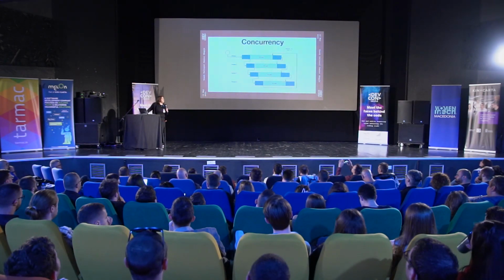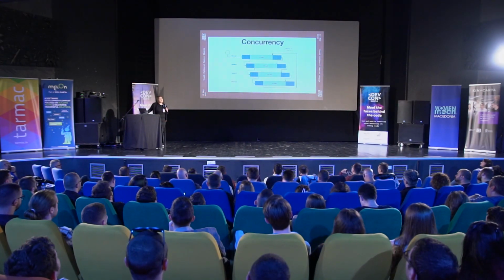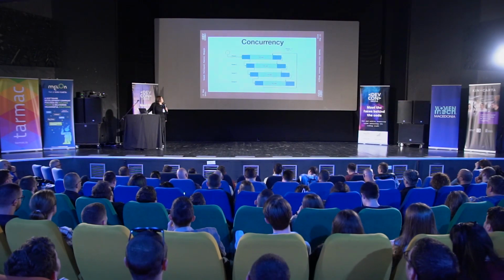While concurrency, as we can see here, we have a CPU, and in this CPU we have one process and some threads. The main point of concurrency is that it allows us to execute multiple tasks that can overlap while being executed.